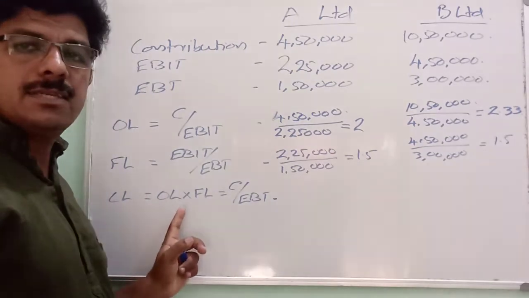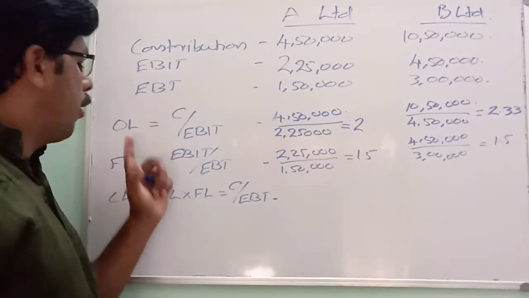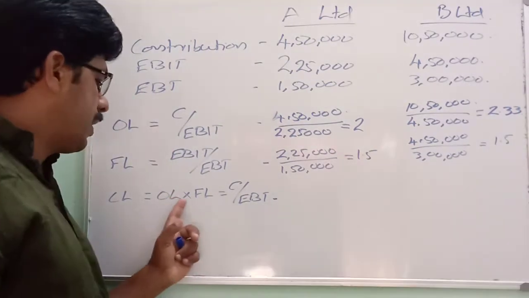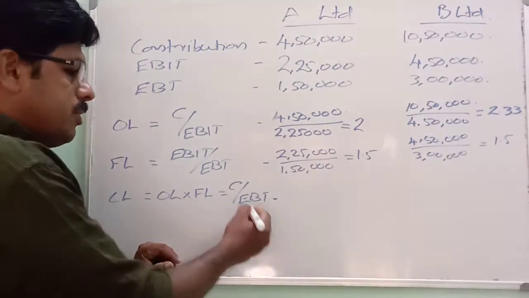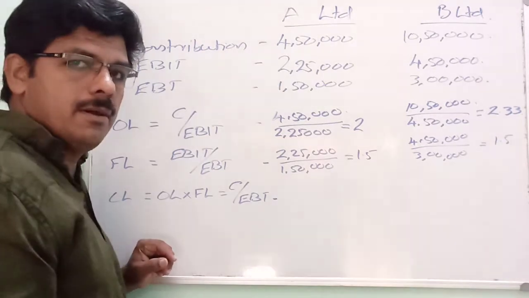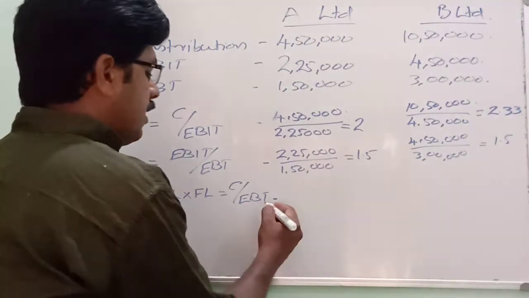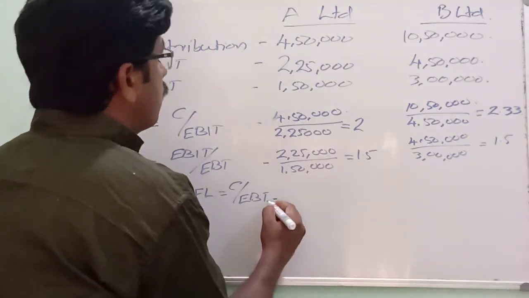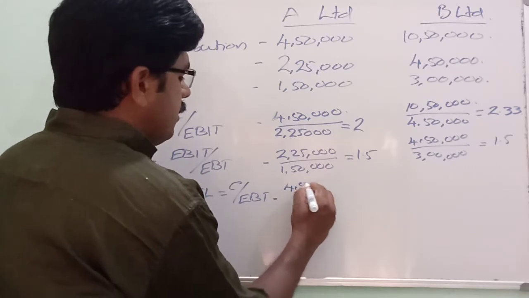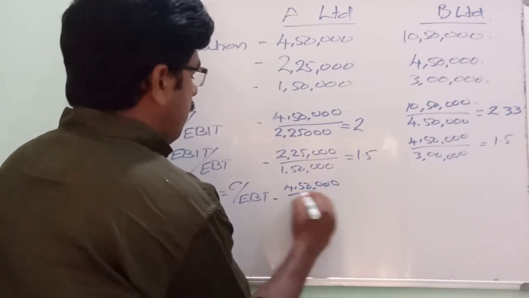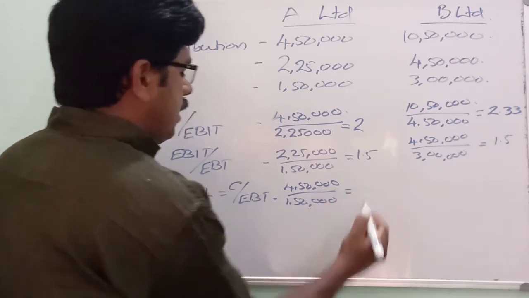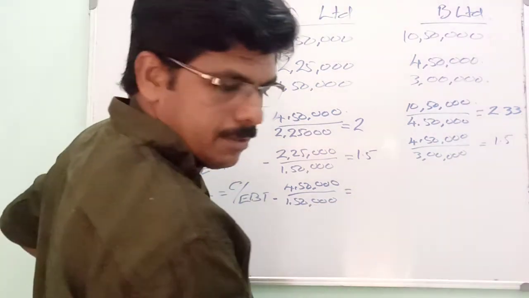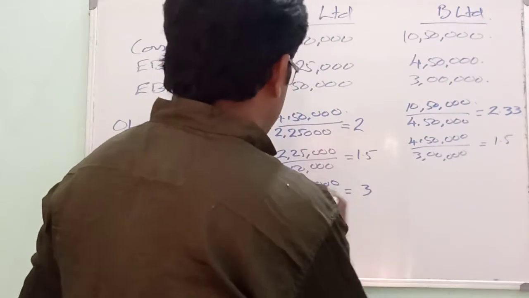Combined leverage is a combination of both operating leverage and financial leverage. Operating leverage into financial leverage is equal to C divided by EBT, contribution divided by earnings before tax. Contribution 4,50,000 divided by EBT 1,50,000 is equal to 3.